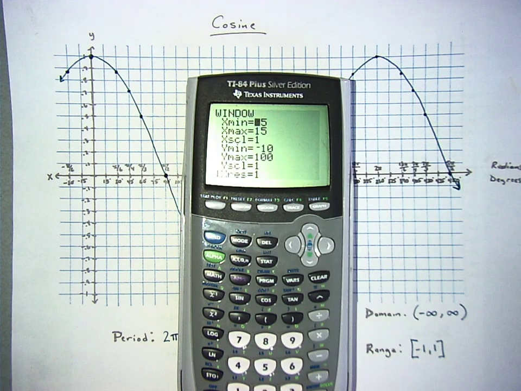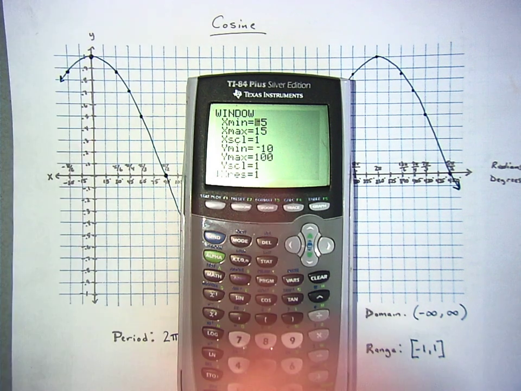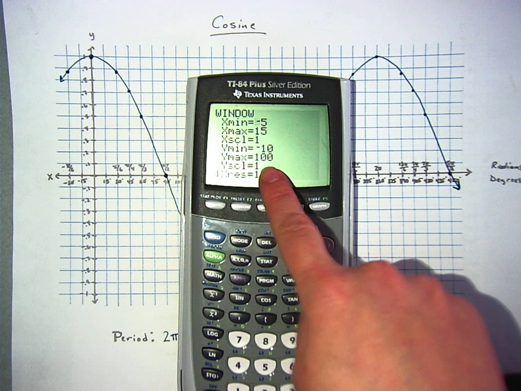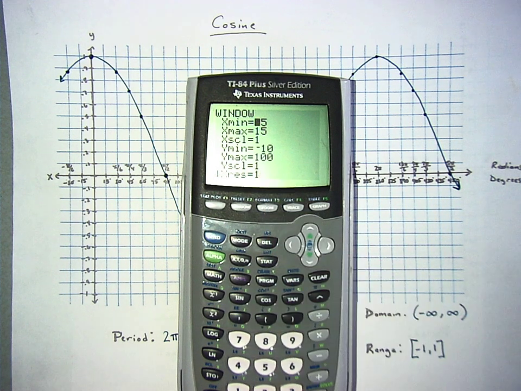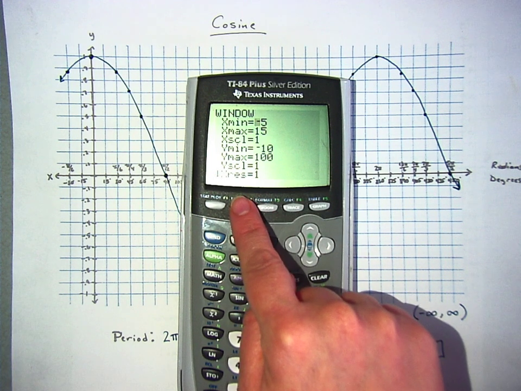I'm going to hit window. It looks like mine has an x minimum of -5, an x maximum of 15, y minimum of -10, a y maximum of 100. Now my graph is supposed to go up to 1, and my graph on my calculator is going up to 100, so no wonder I can't see it. It's probably hugging that axis down there. So let's all do this together. Everybody hit window. We're all gonna change it together.